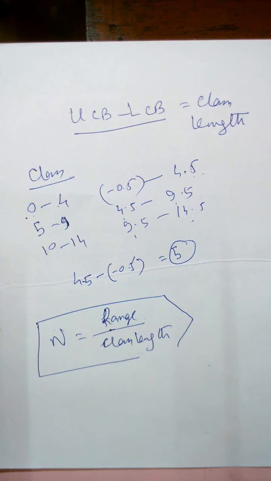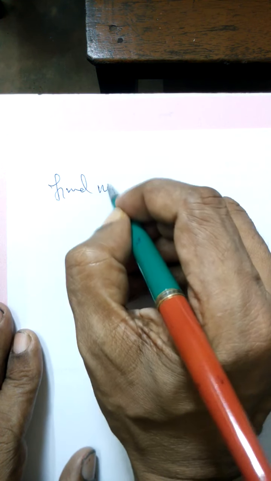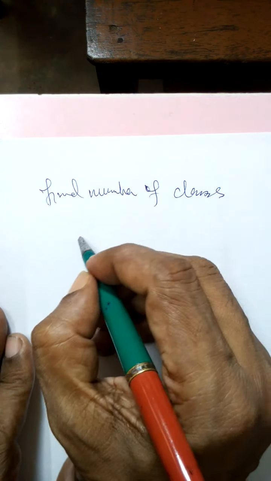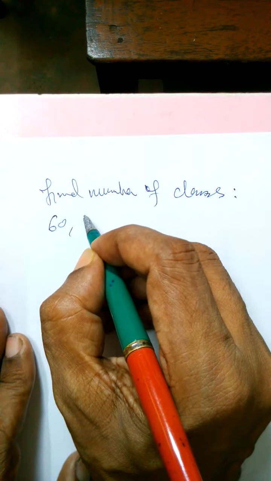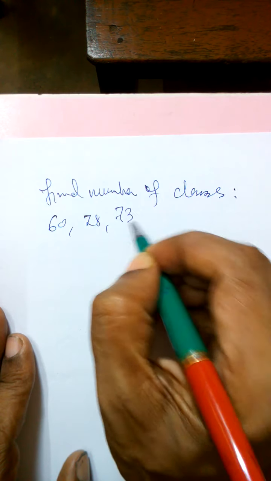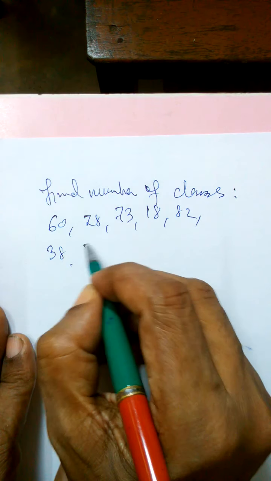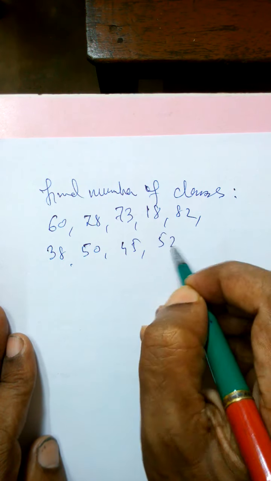Now taking an example. Some figures I am giving and wanting to find the proper class length. Find number of classes, and data are given as marks, some scores like 60, 28, 73, 18, 82, 38, 50, then 45, then 52.